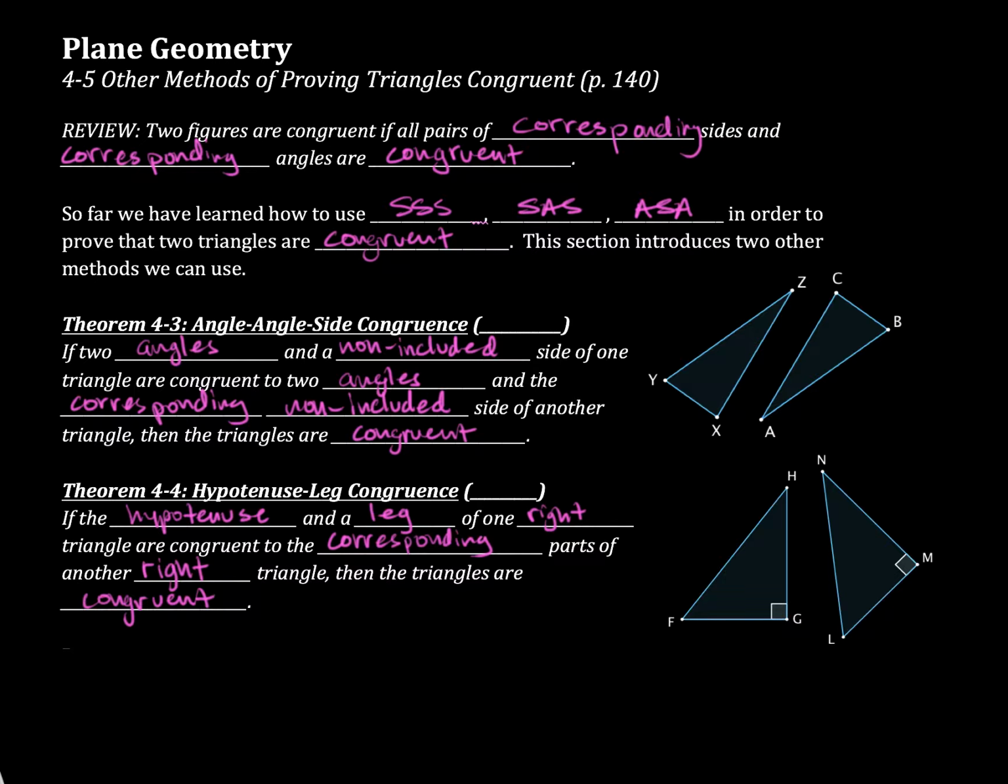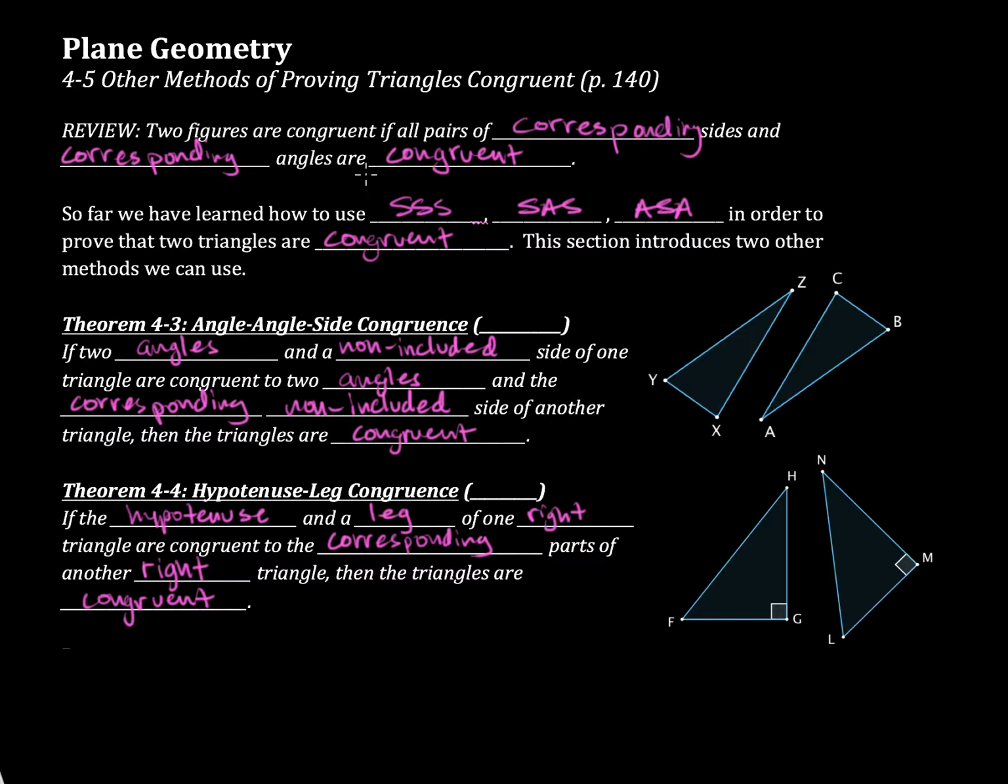On previous note sheets, we've taken a look at the idea that if we want to call two figures congruent, it means that all their corresponding parts are congruent, meaning all pairs of corresponding sides and all pairs of corresponding angles are congruent. And we've been looking at triangles and proving triangles congruent using shortcut versions of this definition of congruent triangles.